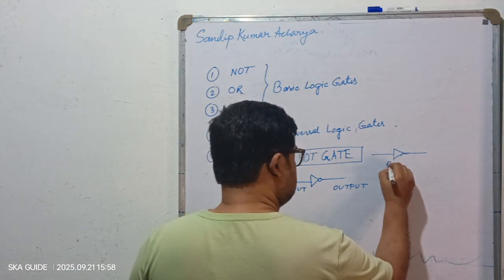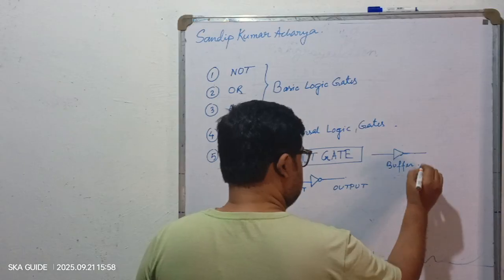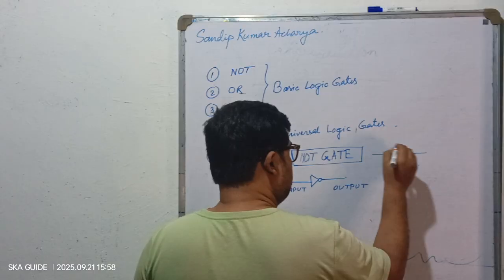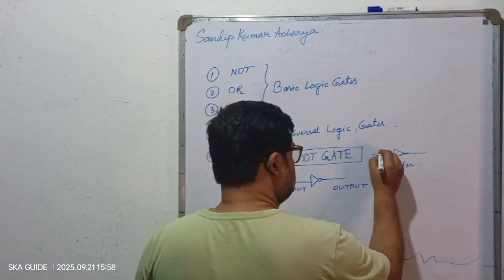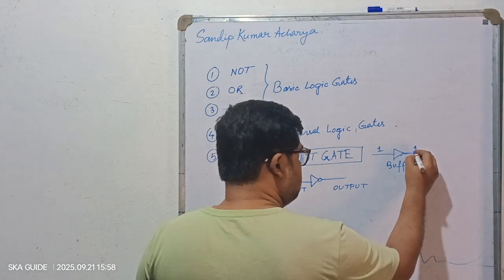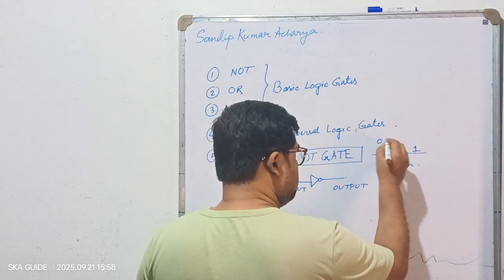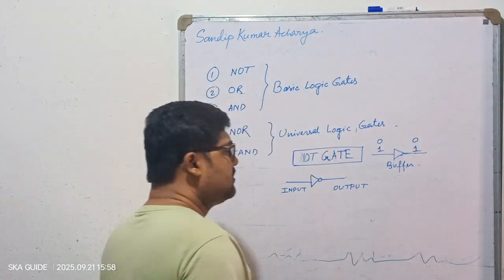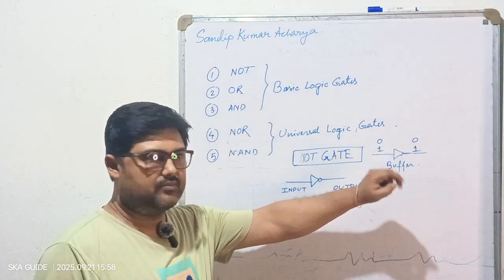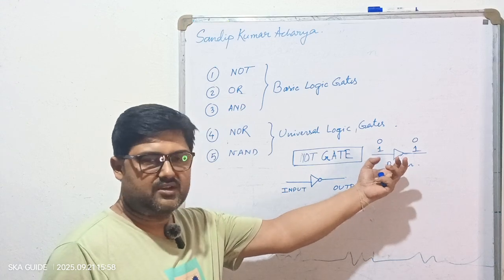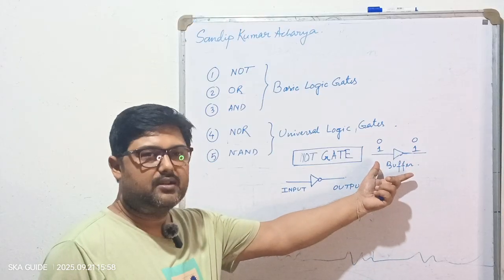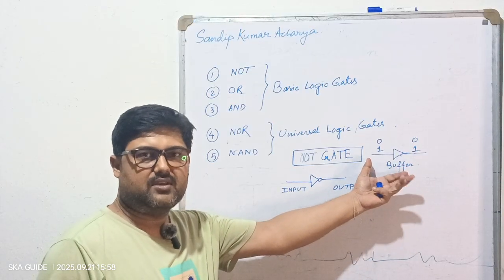It is called buffer. Buffer means it will give the input as the output. That means if you give 1 as the input, you will get 1 as the output. If you give 0 as the input, you will get 0 as the output. So whatever the input is, the output is the same. So basically it holds that bit for some time, or it is a temporary storage device you can think of.